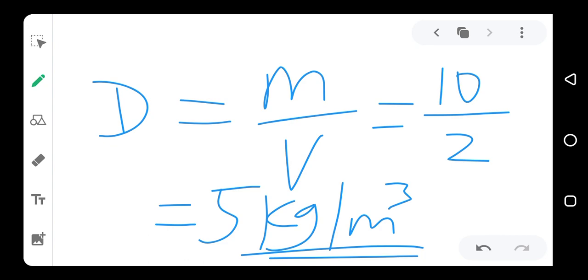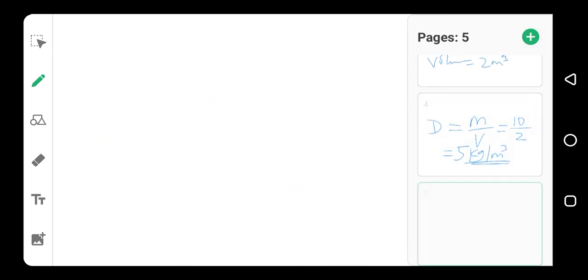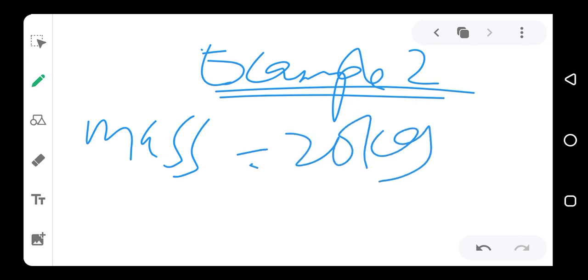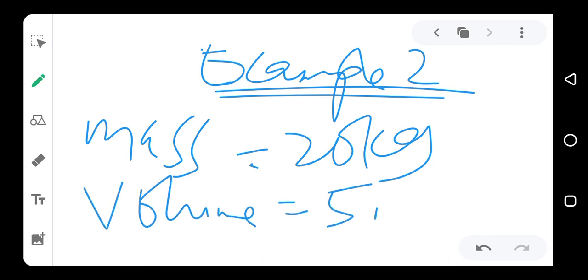Now let's look at another example. Example 2. If we are given that the mass of an object is 20 kilogram, and that the volume of the object is 5 meter cube, we should calculate the density.